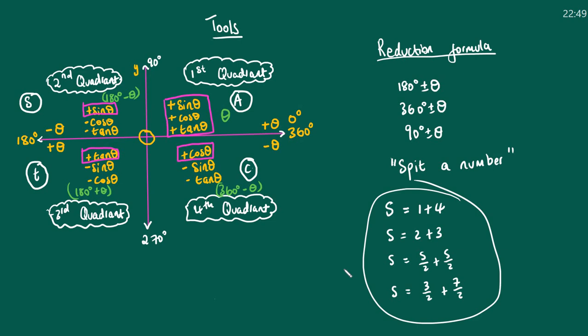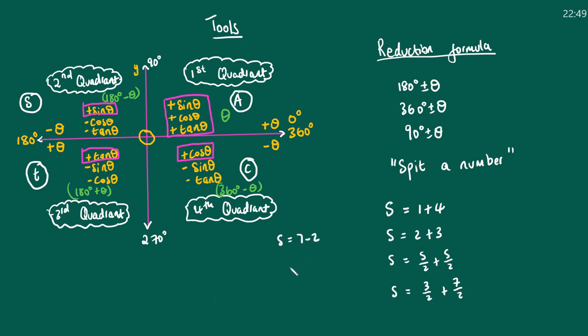Now that 5 can be split into many different addition equations, I can also write 5 as 7 minus 2. Isn't 7 minus 2 5? It's still 5. I can also say 5 is 10 minus 5. I can also write 5 as 16 minus 11. I can also say 5 is 26 minus 21.